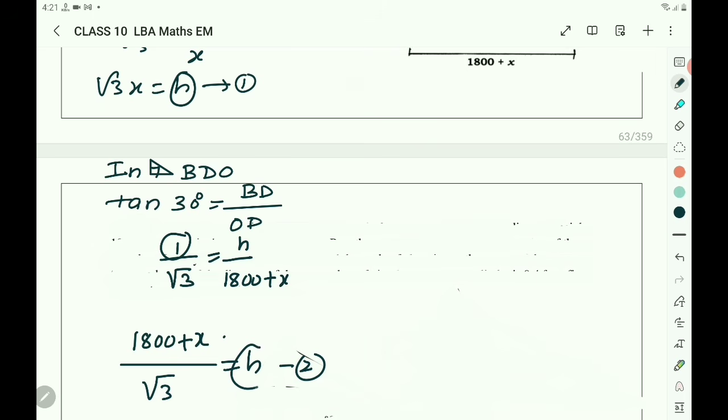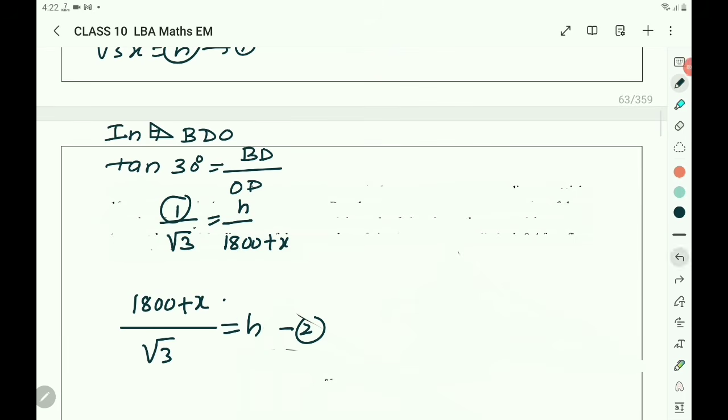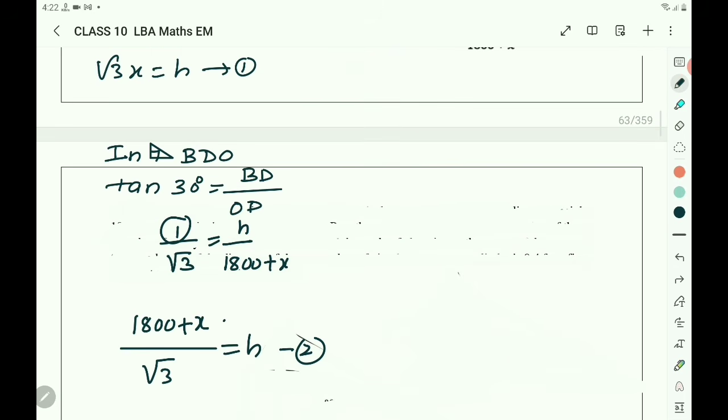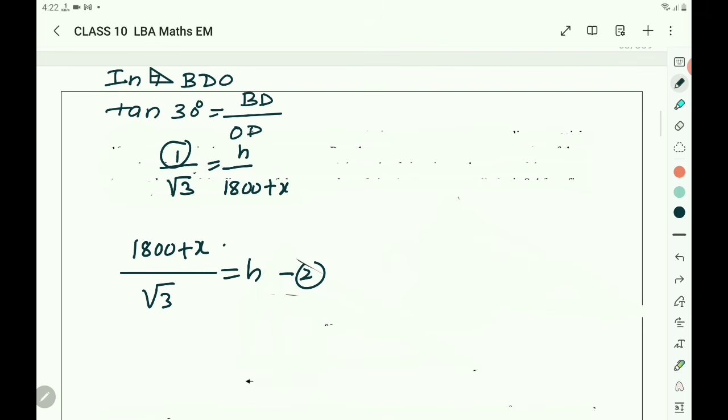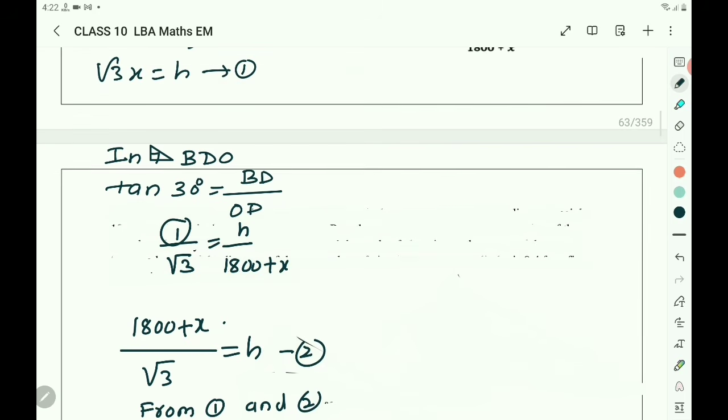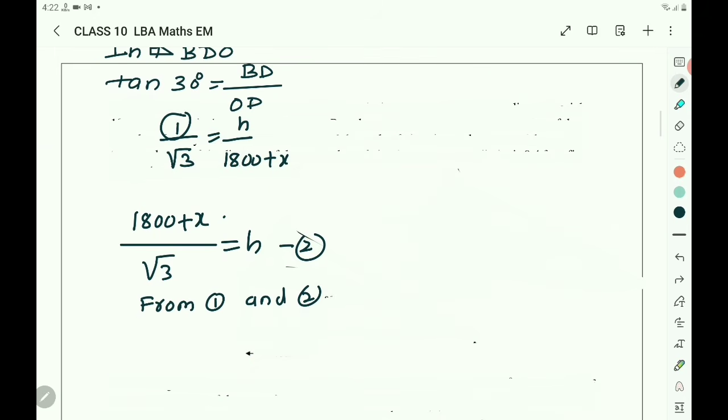In both the relations, RHS are equal to h. As RHS are same, LHS must be equal. Then you write from first and second, root 3x equals 1800 plus x by root 3.